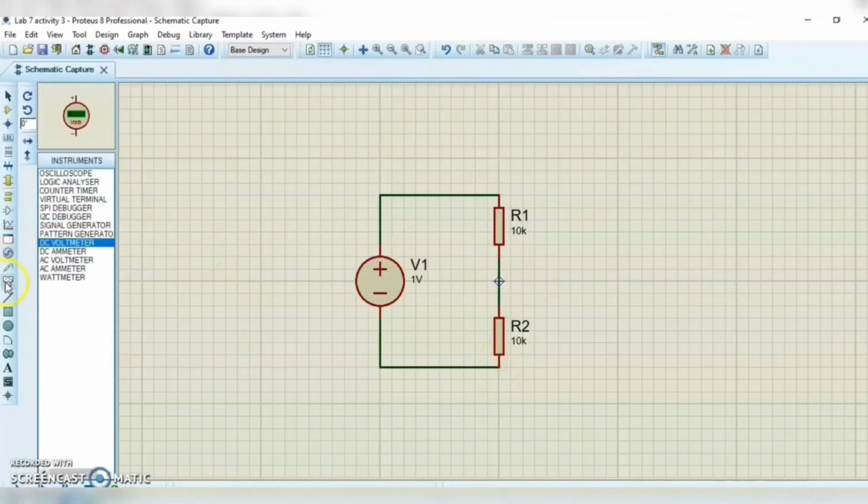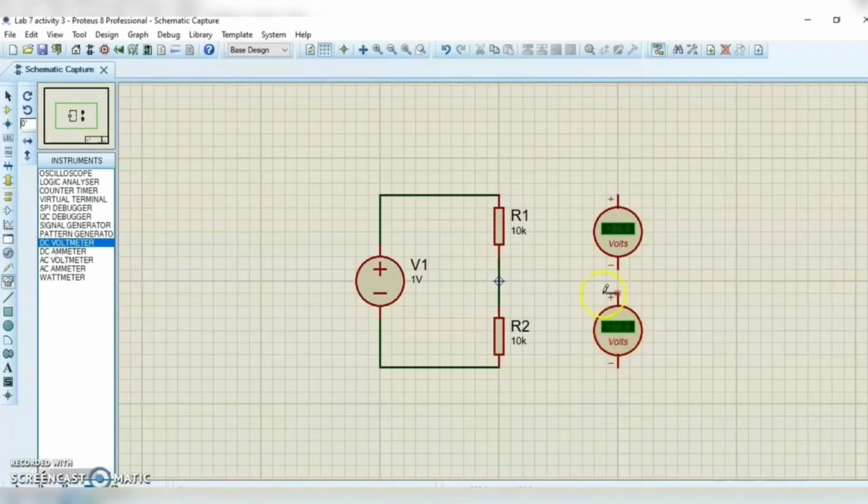And then to measure the voltage drop at the load, we use a DC voltmeter. And the DC voltmeter is connected in parallel with the load.